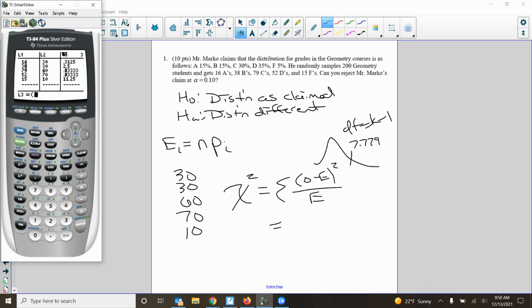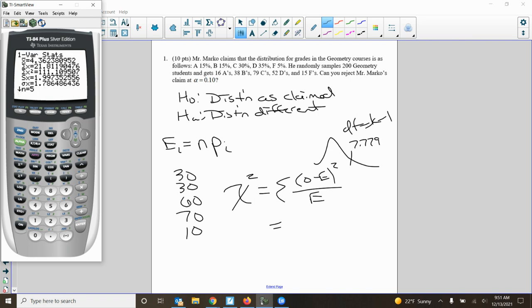And I say parenthesis L1 minus L2, observed minus expected, squared, divided by expected, which is L2. I hit enter, and all of those cells populate automatically for me, which is fantastic. And then I have to calculate the sum of all of these values in list 3. Stat calc, one variable stats L3.